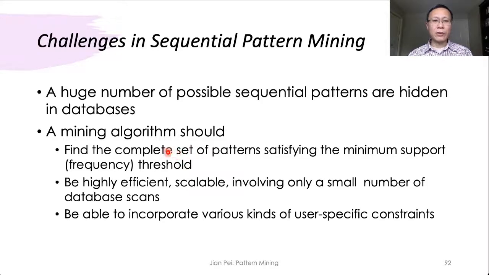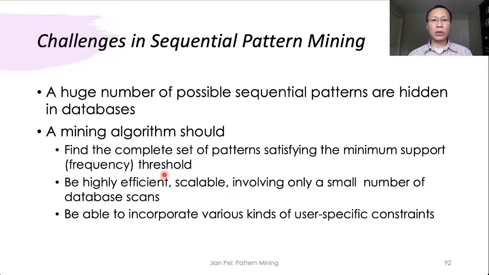And moreover, in order to find sequential patterns efficiently in a large database, a mining algorithm has to find a complete set of patterns, satisfying the minimum support threshold. Here, the keyword is complete set, meaning we are not only interested in one or two patterns, indeed, we want all patterns.